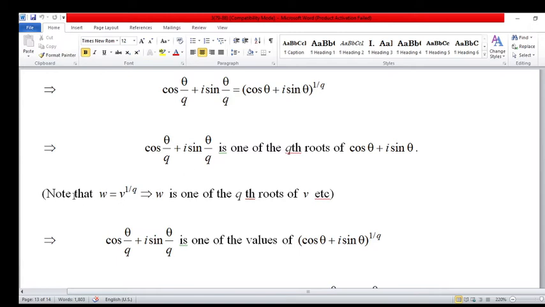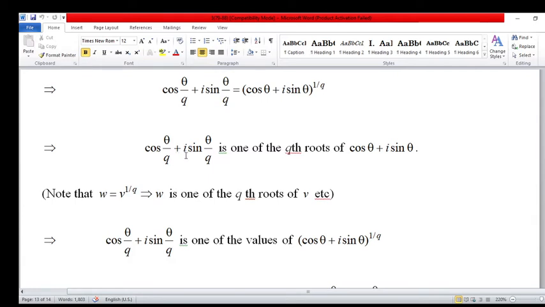And this is: if w is equal to v raised to the power 1 upon q, or w raised to the power q is equal to v, this equation shows w is a qth value of the qth root of v, and this condition applies here.